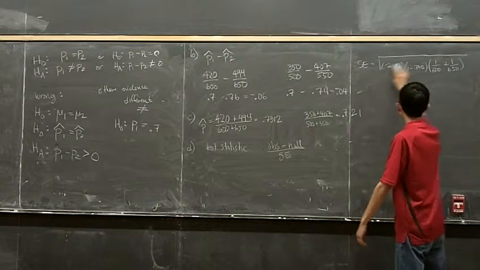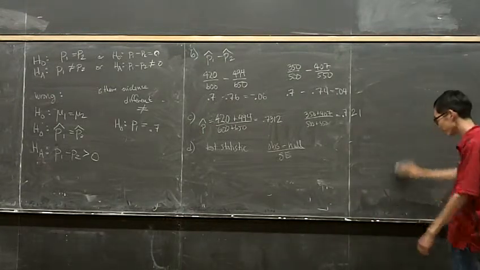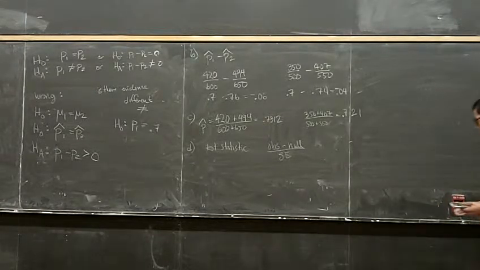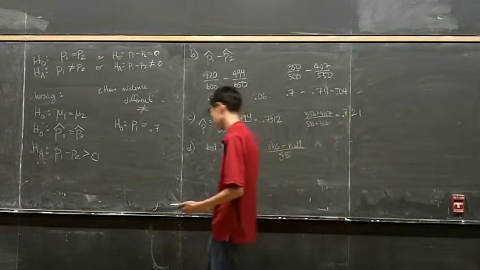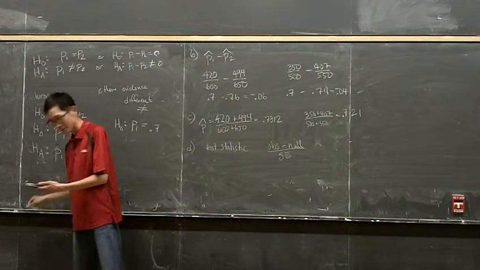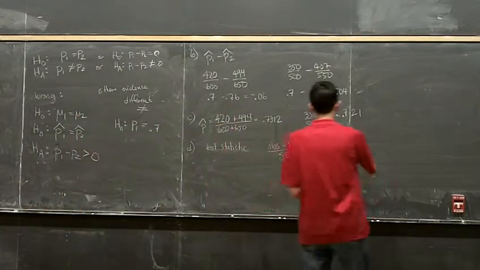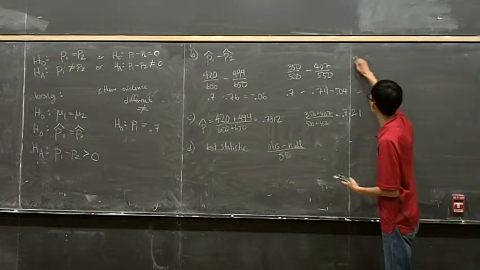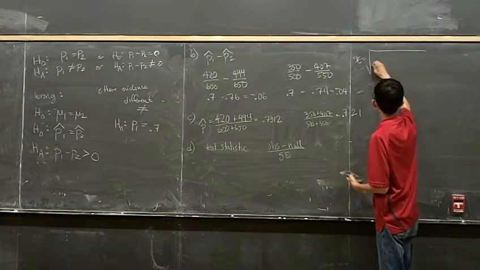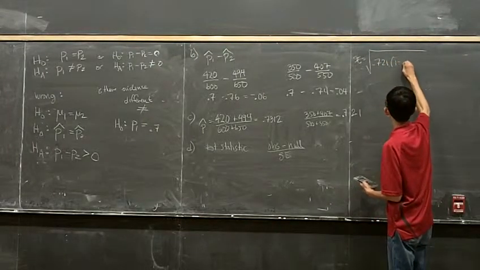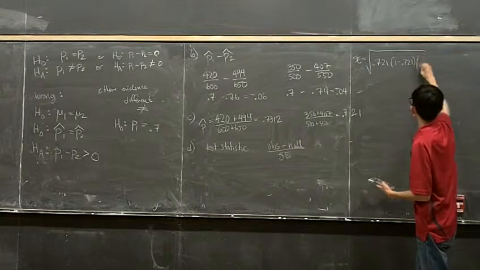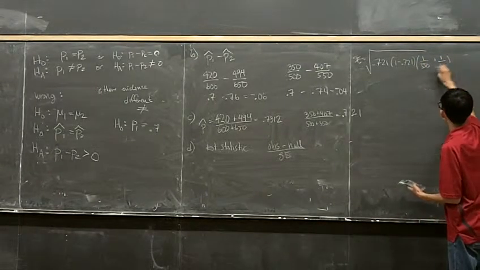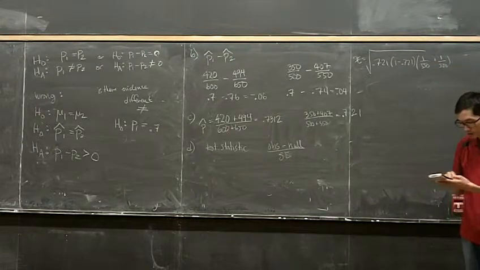Okay, so I think this one turned out to be a significant difference, and then I think in the other one it was not significant. But let's see. Okay, so see here I get 0.721, so my standard error is going to be the square root of 0.721 times 1 minus 0.721 times 1 over 550, or 500, plus 1 over the other number, okay? So I do this.